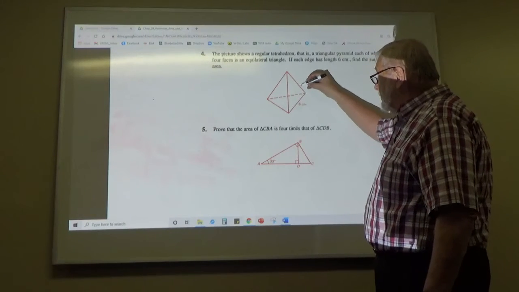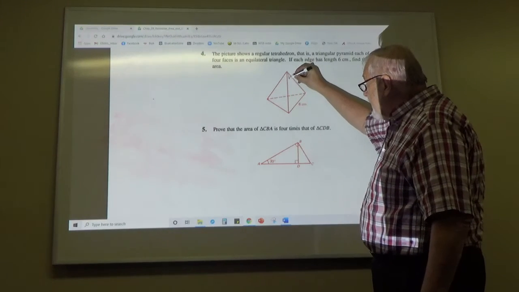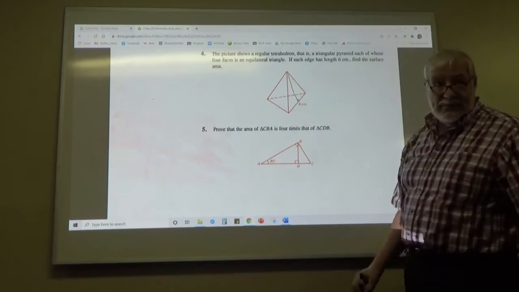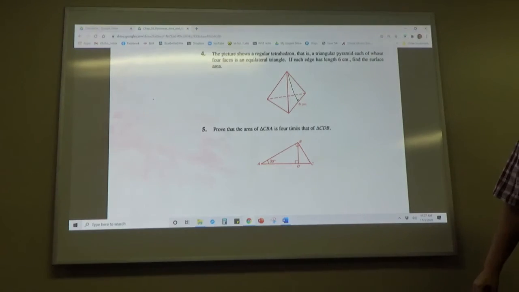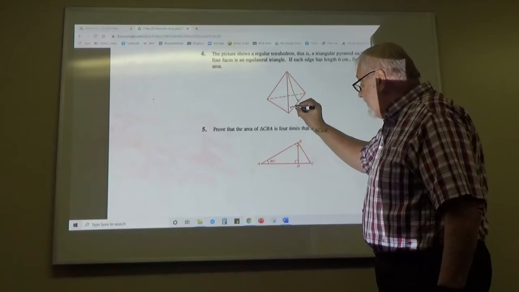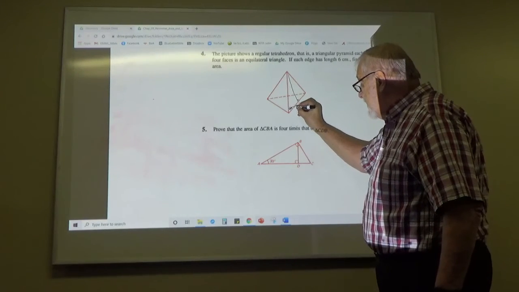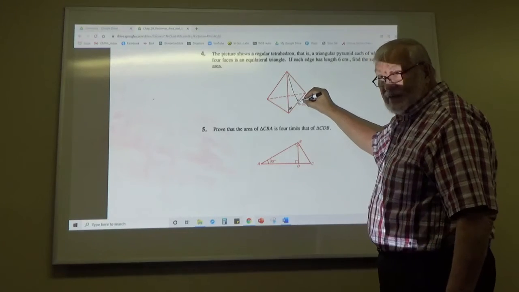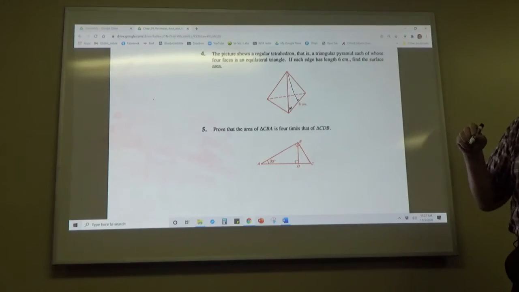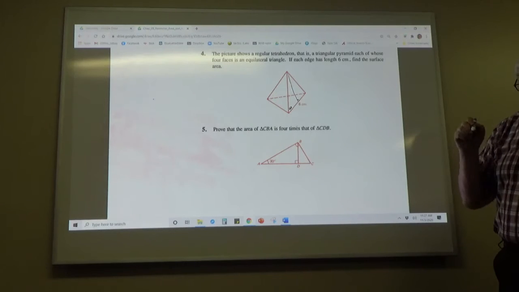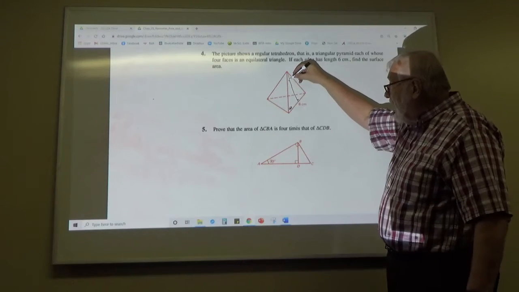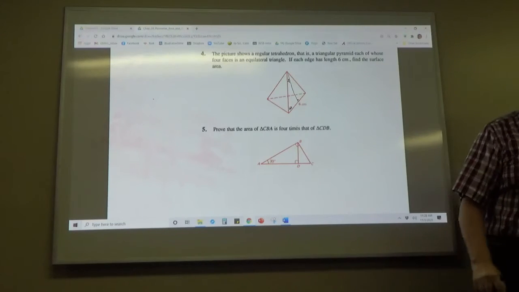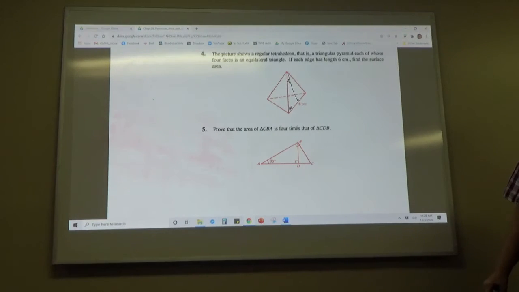Okay, so that's the surface area. So the area coming down to here, if this is a right triangle, if this is 60 degrees here, then this is the bisector of the side and the bisector of the angle. So now I have a 30, 60, 90 right triangle.